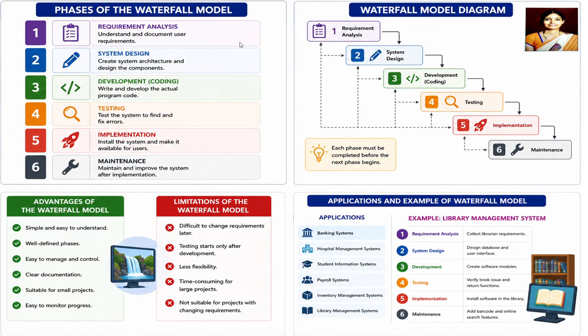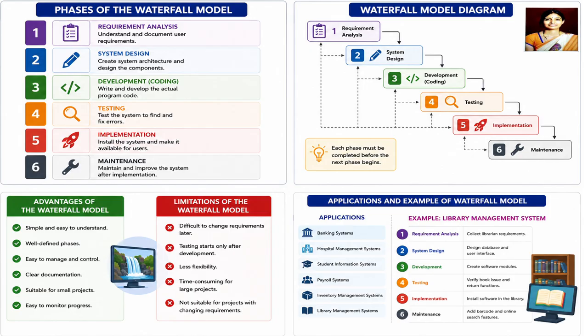Coming to the waterfall model, this is one of the easiest and simplest software development models. The important idea behind the waterfall model is that development proceeds step by step, like how water flows downwards.